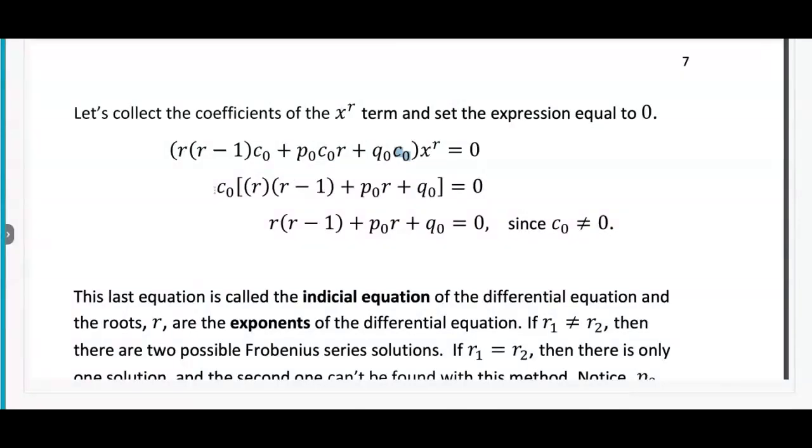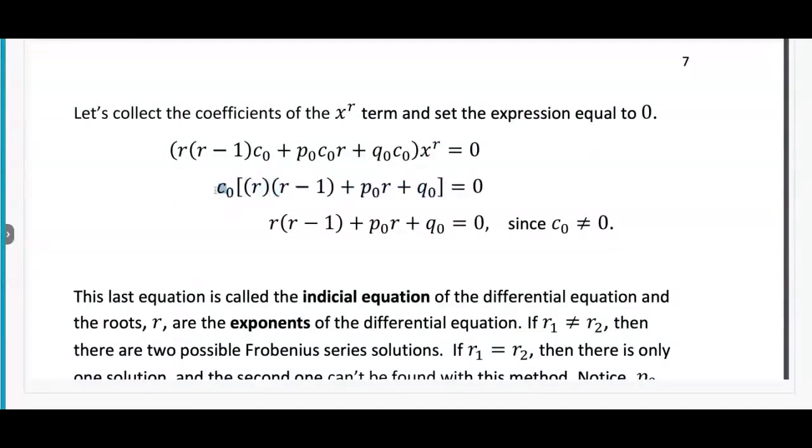We can factor out C naught as well. Then we just have this coefficient. Because when the power series is 0, that means all the coefficients are 0, especially for the x raised by r term. But x raised by r is not 0, so we just forget about that term.